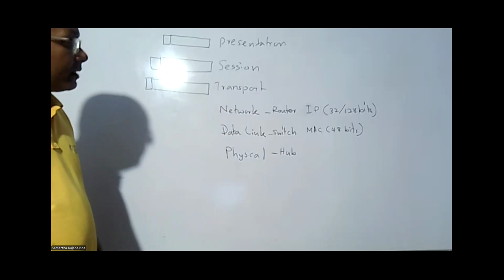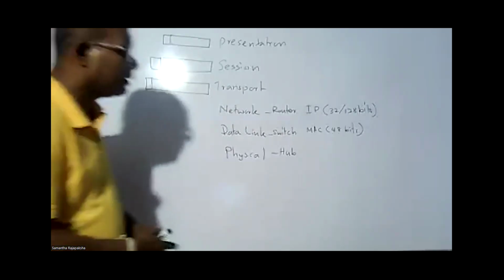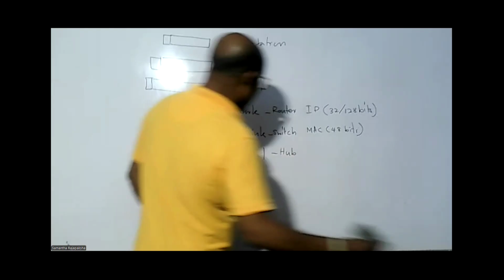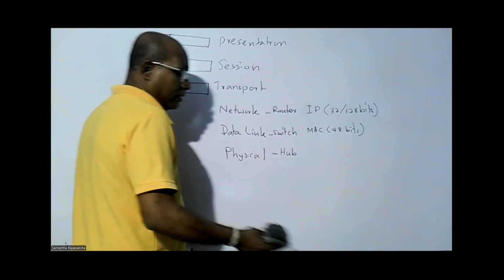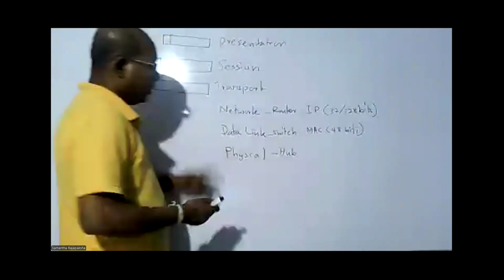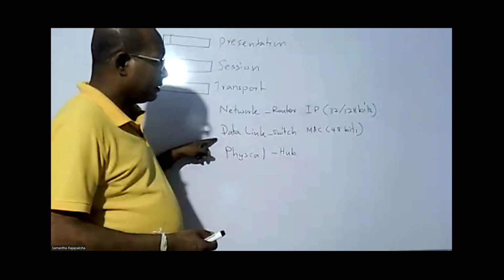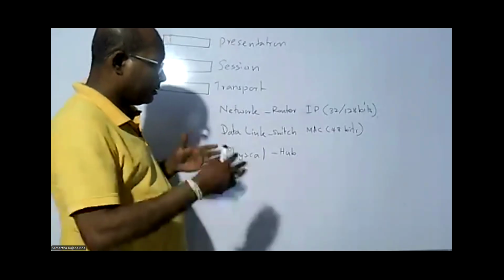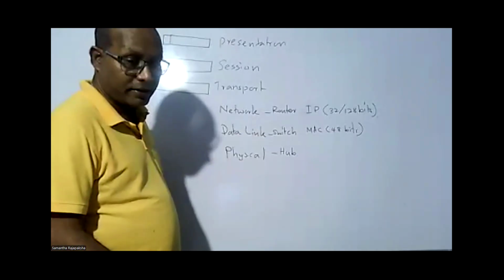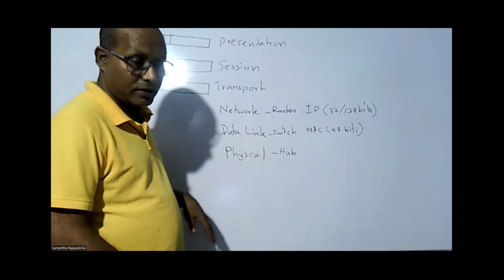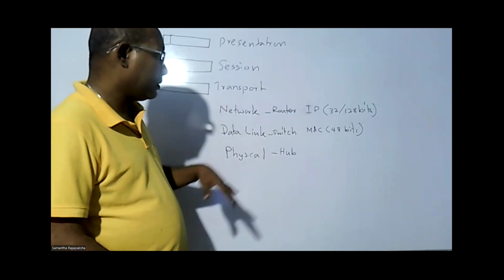And in addition to that, in the OSI 7 layers, you need to know that the data link layer will connect each network device, like router and switch.